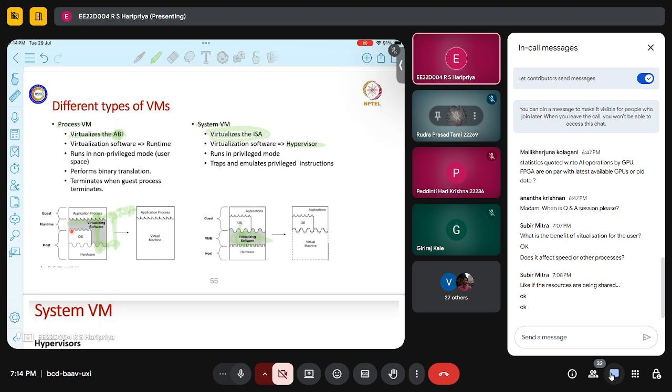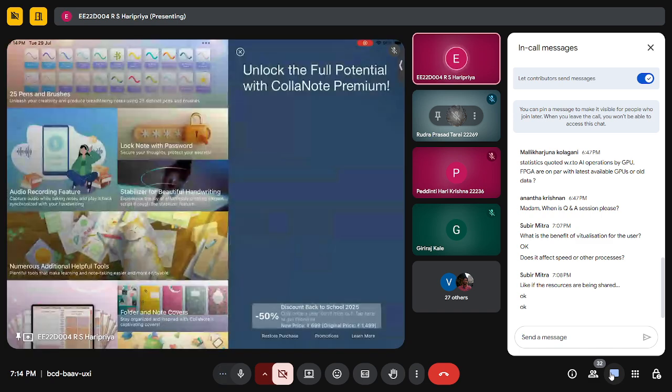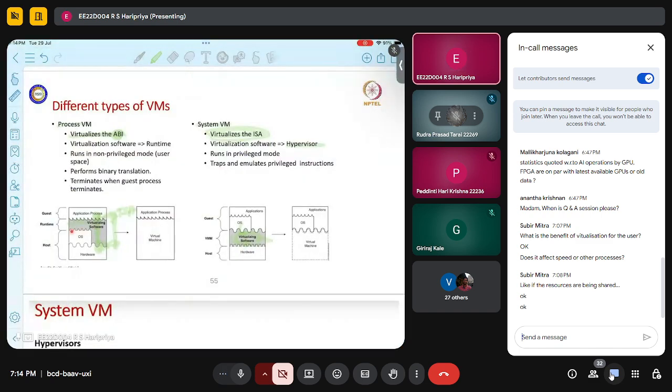So this is the ABI for the application, and this is the system interface for the ISA and the operating system. Now the operating system will issue privileged instructions as it was doing on the native hardware, but using the virtualization software, it translates the ISA to another ISA interface, let us say the x86 ISA interface and the ARM ISA interface.